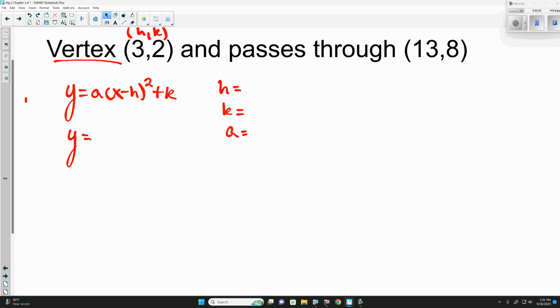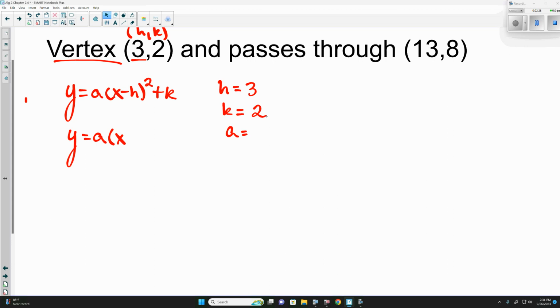Now for us here, the p value helps us find the directrix and focus. So we're not looking for the directrix or focus, so we will use this version here. So we'll still have a, but our h value is 3 and our k value is 2.